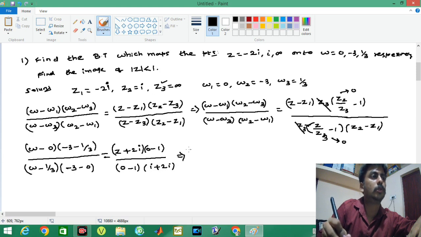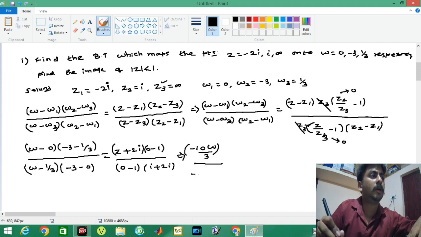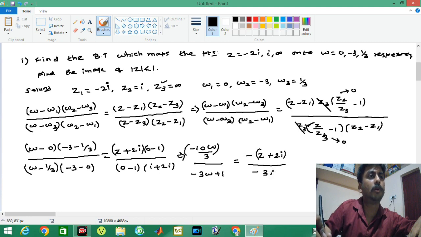So this is minus 9 minus 1 is minus 10, so minus 10w divided by 3, whole divided by minus 3w plus 1, equal to minus of z plus 2i divided by 3i.